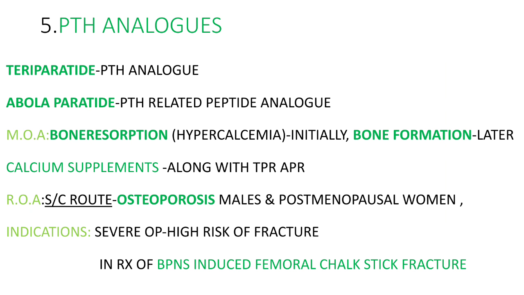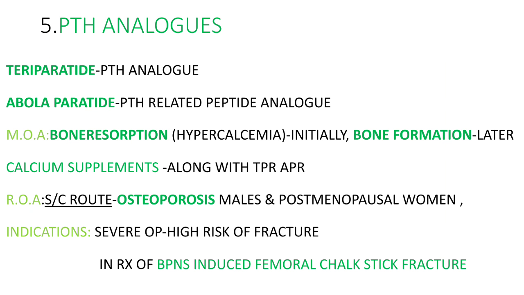Next class of drugs is parathormone analogs. Teriparatide is a parathormone analog and abaloparatide is a parathormone related peptide analog. The mechanism of action is, first they do bone resorption, that is osteoclast activity, and then they do bone formation, that is osteoblast activity.